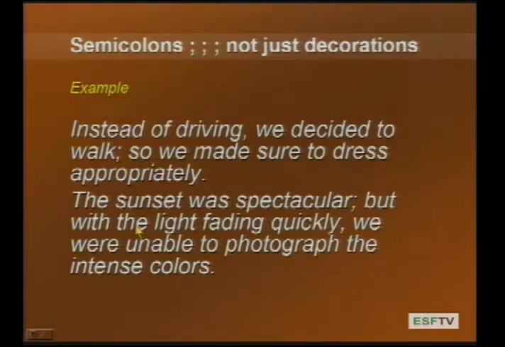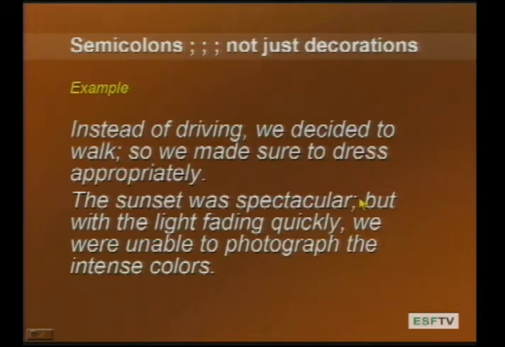Here's another example. The sunset was spectacular, but, there's your conjunction, but with the light fading quickly, we were unable to photograph the intense colors. So you can see whether the comma occurs in the first independent clause, such as the first example here, or in the second independent clause, as in here.